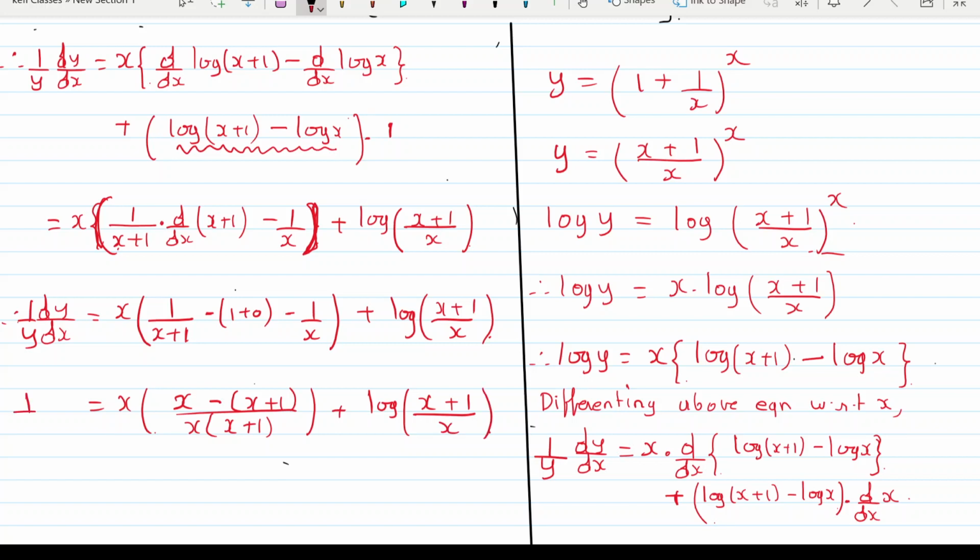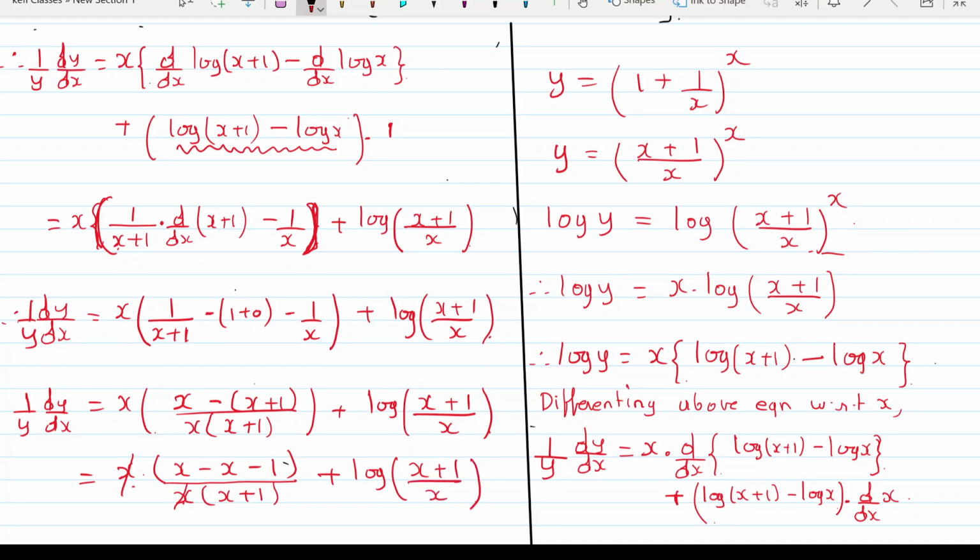This is 1 upon y dy by dx, which is equal to, so this is x into, this is x minus 1 divided by x into x plus 1. So this x and x will cancel, plus log of x plus 1 upon x.